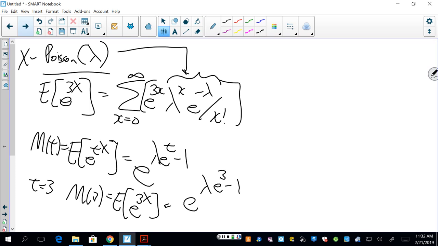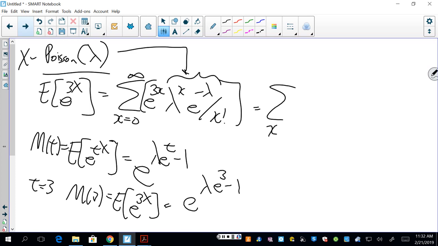The second part was asking, okay, starting with this, show that you actually do get this thing, right? Kind of going back to the argument that we used to say, what is the Poisson moment generating function? Well, how did you do this? This thing over the values, there's an e to the 3x and lambda to the x.